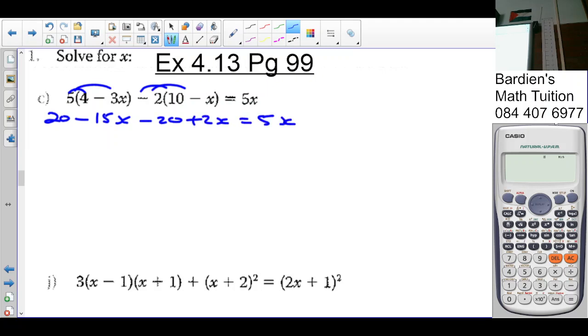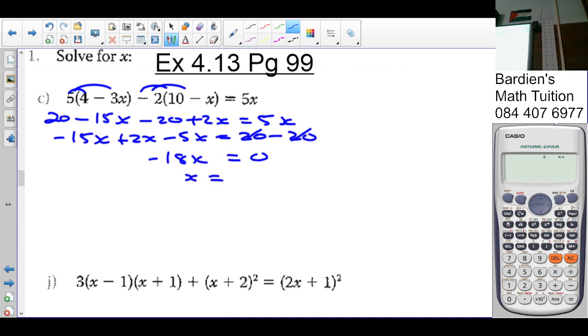So what do we do now? X is one side, numbers the other side. So what do we get? Negative 15x plus 2x minus 5x equals 20 minus 20. Gone. 0? Negative 18x. Divide by negative 18 both sides. X equal to 0. Is that correct?